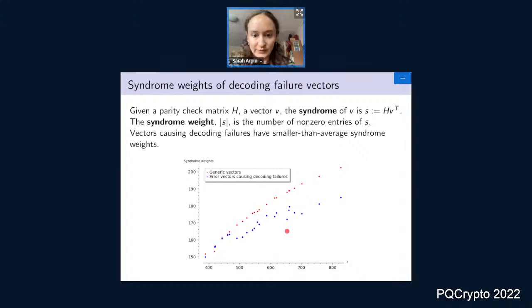Of course, the relevant waterfall region is right around R equals 600, give or take. So you'll notice that starting after the waterfall region, you can really see a difference in syndrome weight between the error vectors which cause decoding failures and generic vectors of weight t.